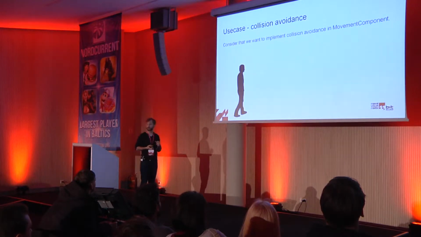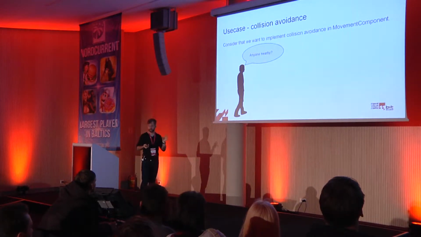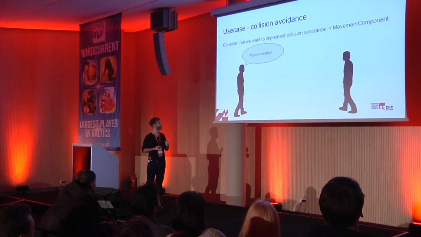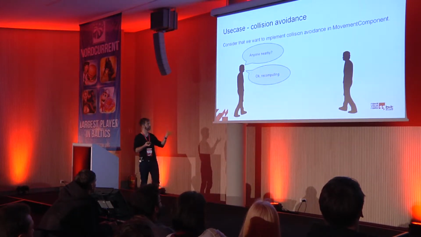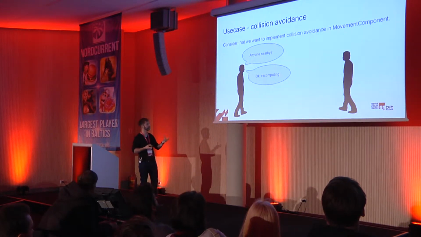The first character comes, his update comes to him, and he says, "Hey, is anyone nearby?" He sends this kind of event, and he sees that there is another character nearby. So he says, "Okay, in my component, I'm recomputing my velocity vector."